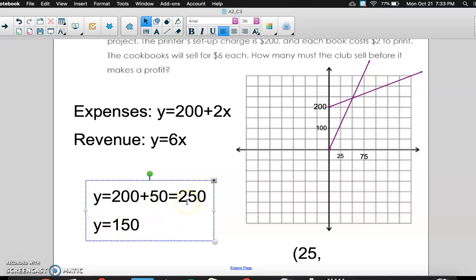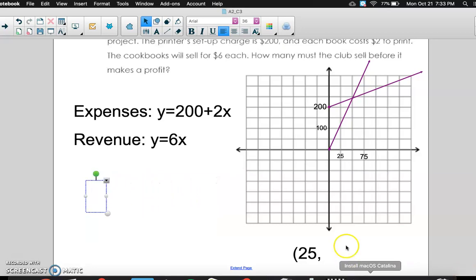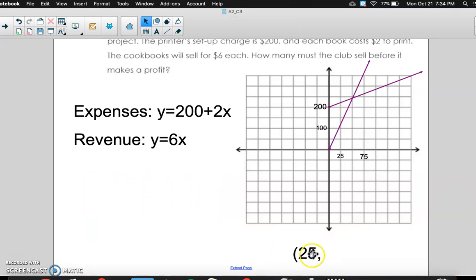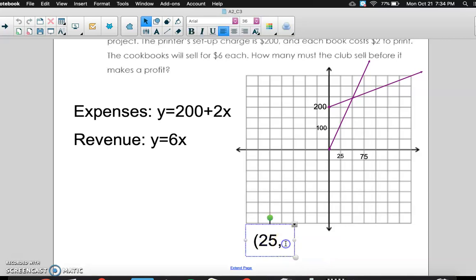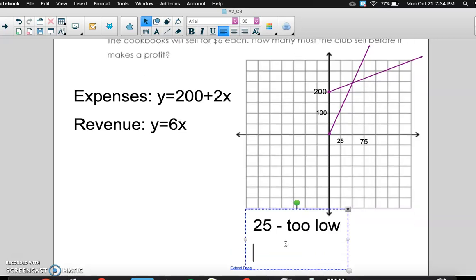That's called the breaking point, because when those two numbers are equal, it means the expenses are balanced with the revenue, and once we get past that point, they will only be making profits, and it'll cost less to produce than it will to sell them. So 25 didn't work, so we're going to take all that off. If you're making notes on which ones you tried, you can say 25 too low.